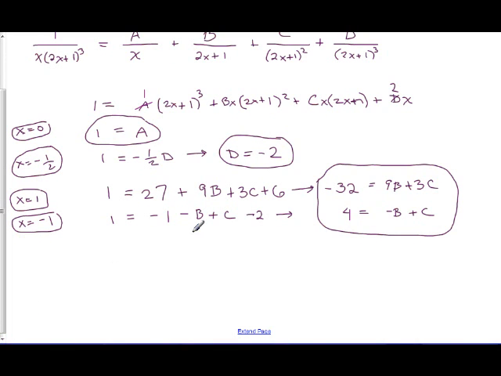Okay, so if you remember, how do you solve for equations? Well, one thing you could do is you could solve for c and plug in, or you can add equations. I think what I'm going to do, let's call this E1, and let's call this E2.